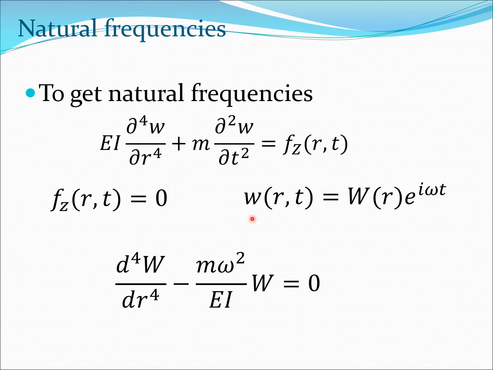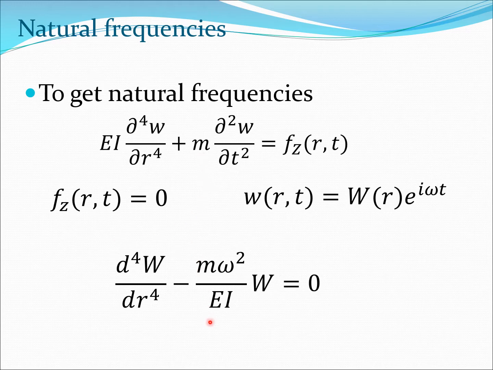So we split this function of r and t into a function involving just r and another function involving just t, and then we substitute this equation into the partial differential equation. So once we do that, we get this equation here.